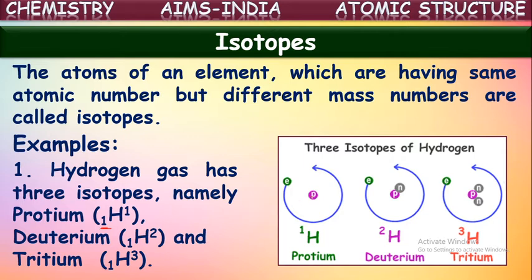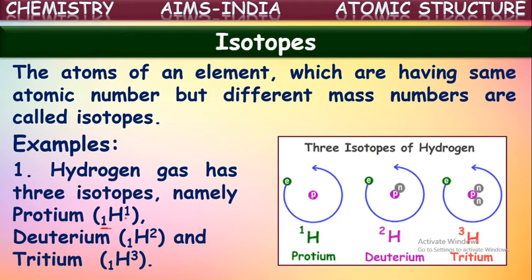So the number of protons is 1 and around that one electron is revolving. This is protium. It has no neutrons if you observe. And deuterium has atomic number 1 but mass number 2. The atomic number is the same, 1 and 1, but the mass numbers are changed. For protium the mass number is 1, whereas for deuterium the mass number is 2.